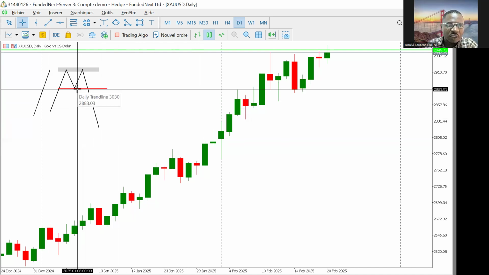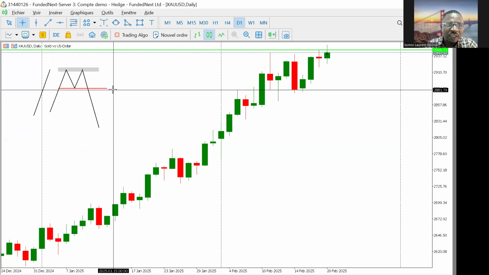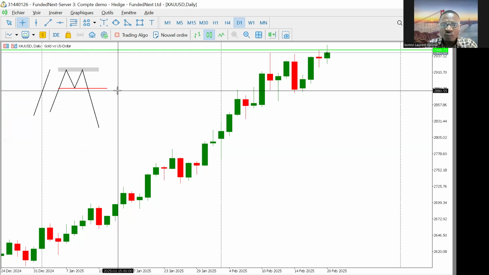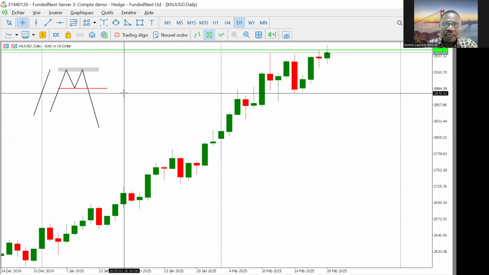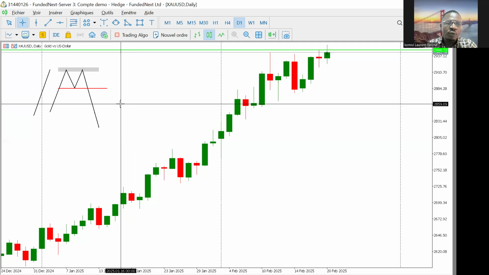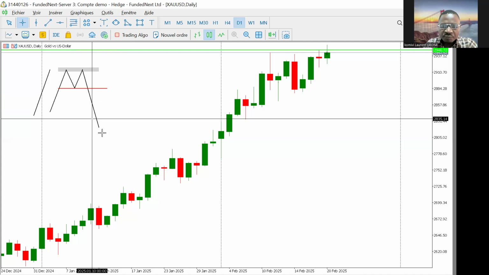You draw the neckline in red as I did. Third, wait for a break below the neckline for confirmation.